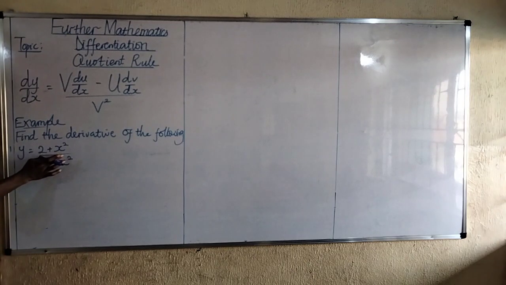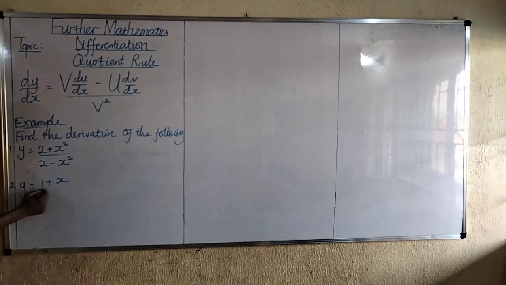You can see that there is division here. So quotient, in other words, means the answer obtained after dividing. Alright? So number 2, we have our y equal to 1 plus x over x squared plus x plus 4. It's also involving division. To solve this problem, we have to take into cognizance solution.